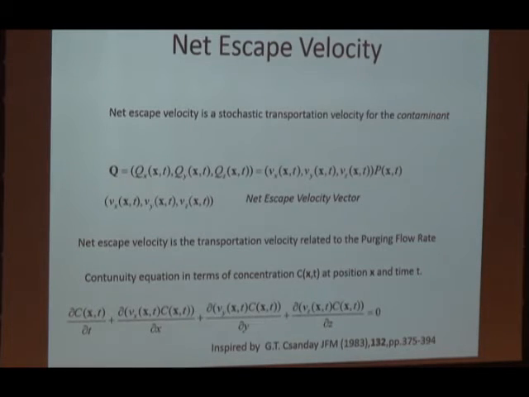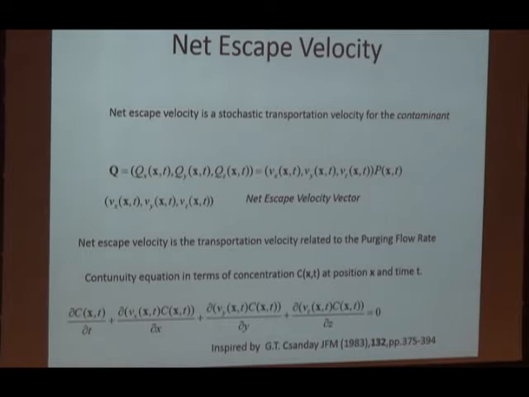That's the net escape velocity times the probability for a particle to be there. If you want this expressed in concentrations, it becomes this. This is a continuity equation for contaminant in that region. And I refer to this paper in the Journal of Fluid Mechanics, which inspired me to introduce these concepts.